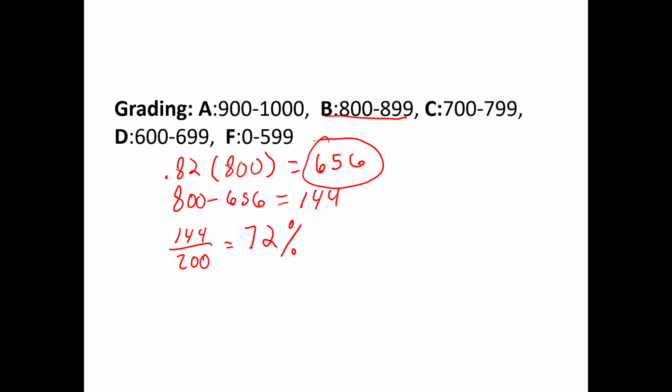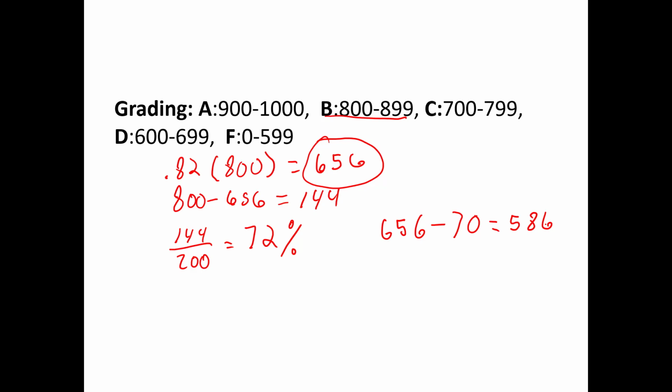One of your exams was a 70%, right? So then you're going to take the 656 and you're going to take away that 70, because we're going to replace that 70 with the score in the final. So 656 minus 70 is 586.